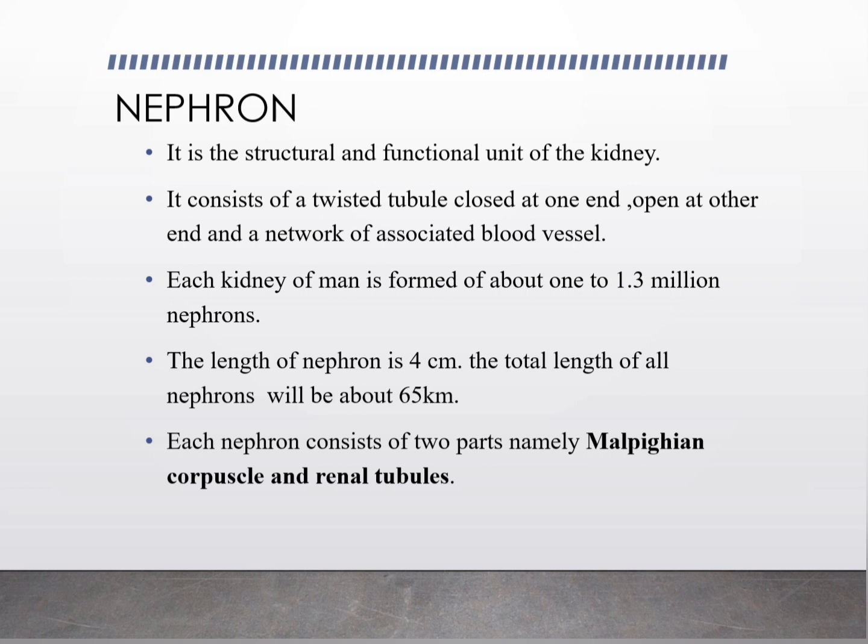Each nephron consists of two parts, namely Malpighian corpuscle and renal tubule. The length of a nephron is 4 cm. The total length of all nephrons will be about 65 kilometers.